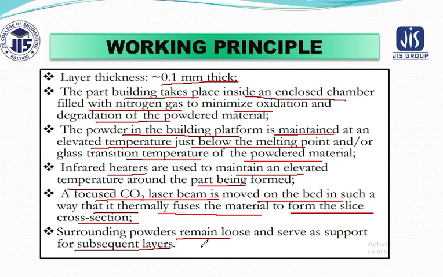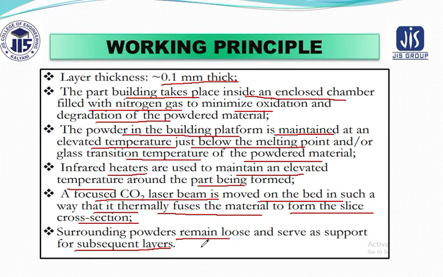This is used to elevate the temperature around the parts you are going to produce. And finally, you focus a carbon dioxide laser beam over the bed in such a way that it thermally fuses the material to form the slice cross section.